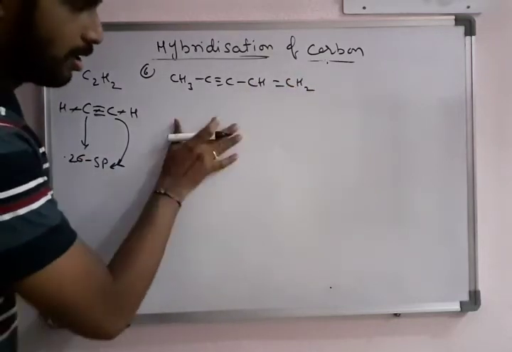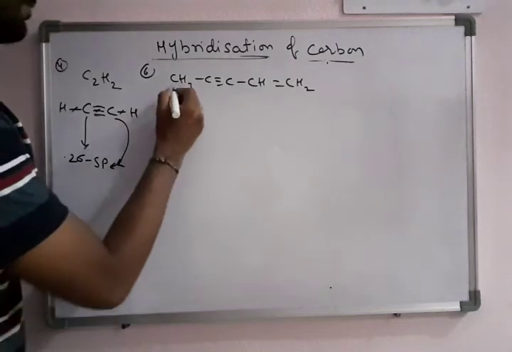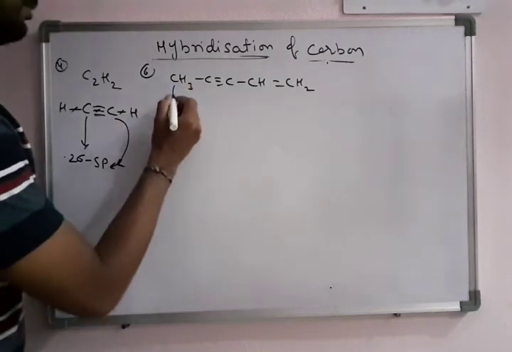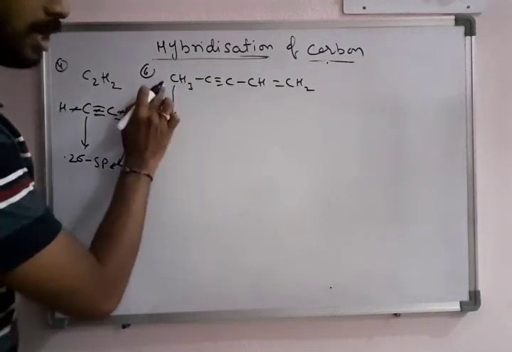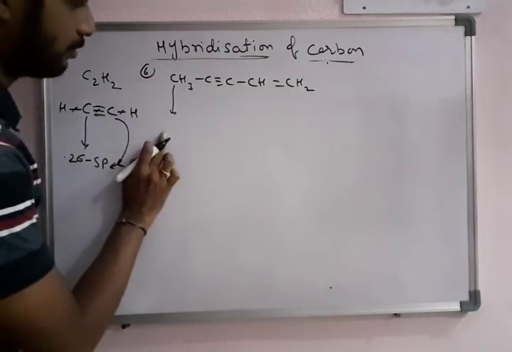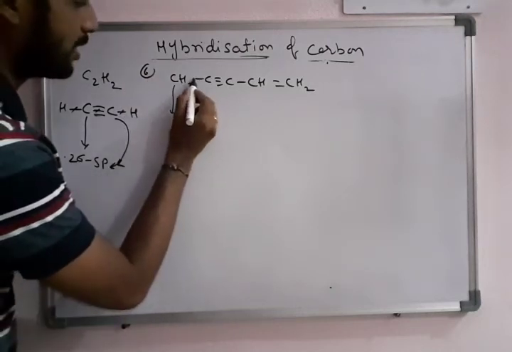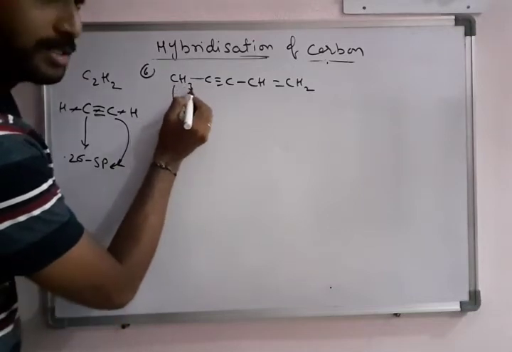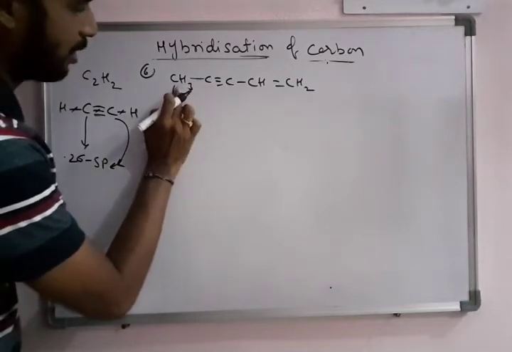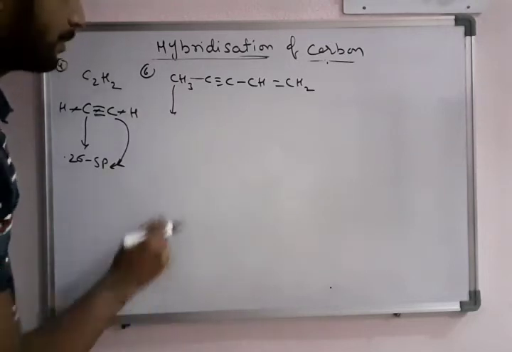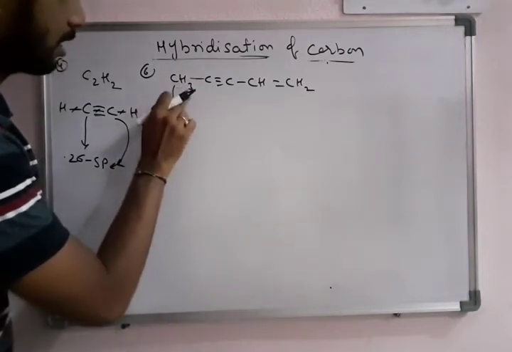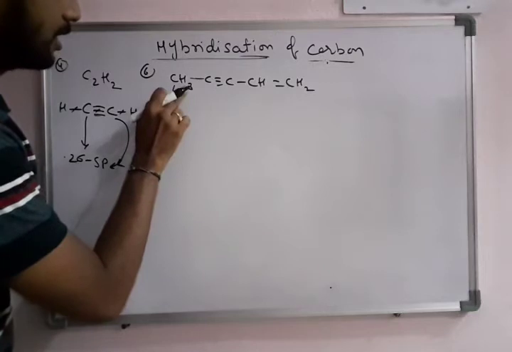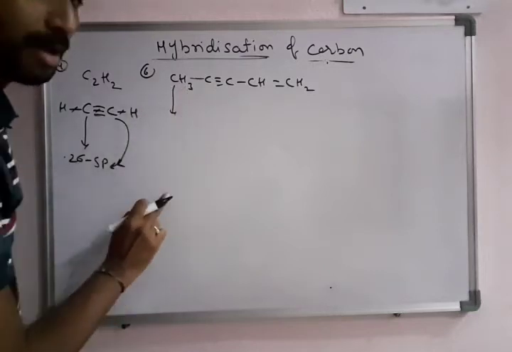Now we are taking a compound having 5 carbons. How many sigma bonds are present on this carbon? We can calculate the number of sigma bonds. Between 2 carbons, 1 sigma bond must be there, and it has 3 hydrogens. The hydrogens are bonded to carbon only by sigma bonds, so the number of hydrogens equals the number of sigma bonds from them.